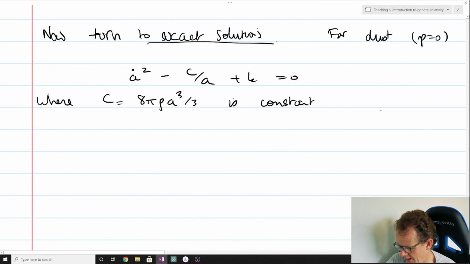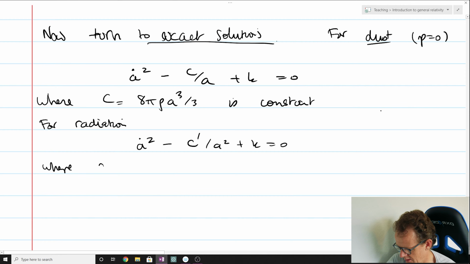And similarly, for a radiation-dominated universe, or a universe with only radiation content, you also have a similar equation but with an a squared there, where the constant C prime is now 8 pi rho a to the 4. Remember, rho times a to the 4 is a constant.